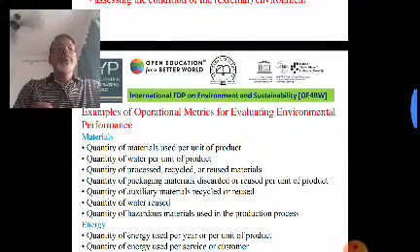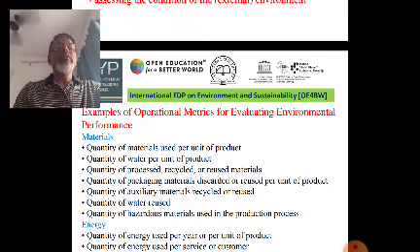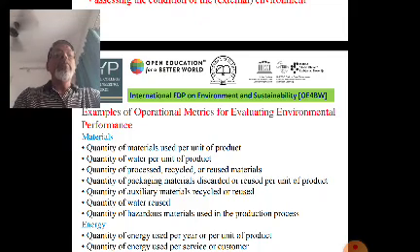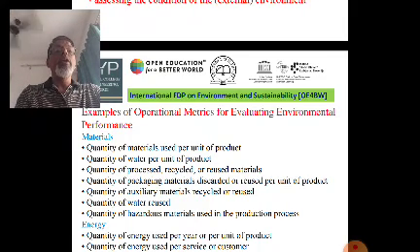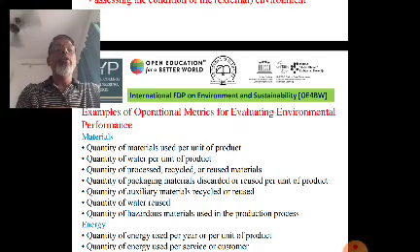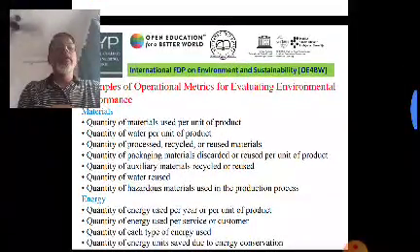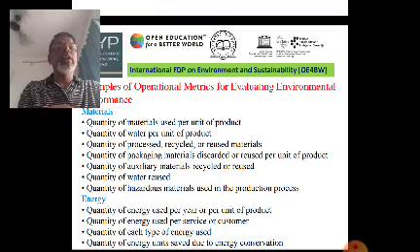The first, examples of operational metrics for evaluating environmental performance, based on materials: the quantity of material used per unit of product, quantity of water per unit of product, quantity of processed, recycled or reused material, quantity of packaging material discarded or reused per unit of product, quantity of water reuse, and quantity of hazardous materials used in the production process.